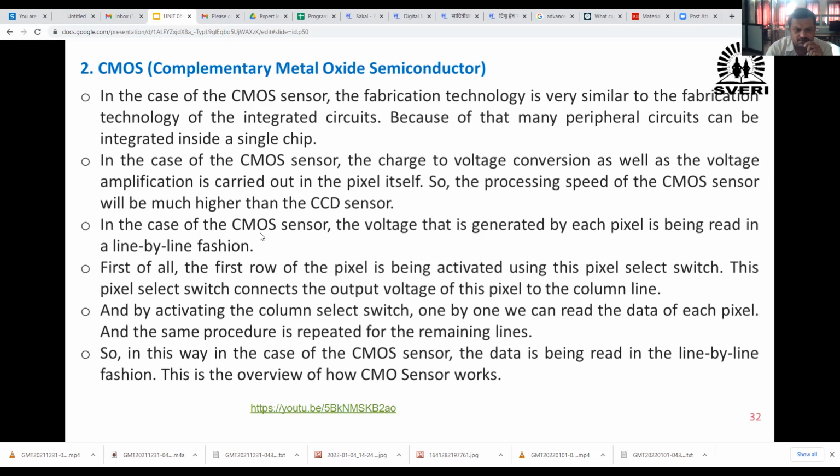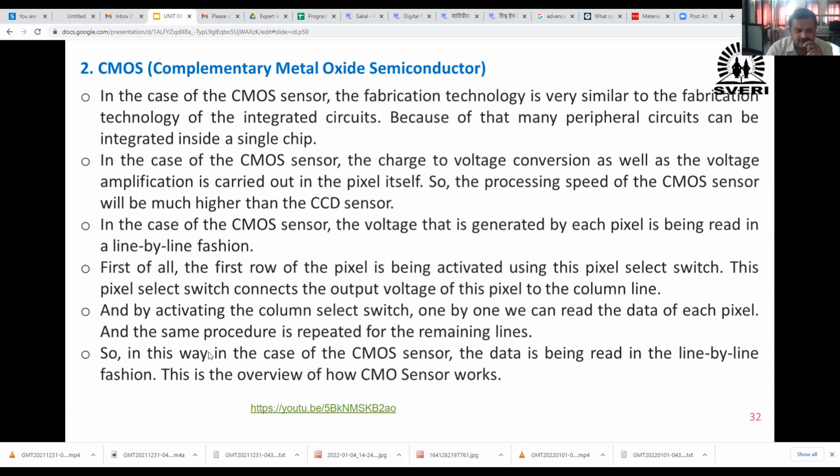In the case of the CMOS sensor, the voltage that is generated by each pixel is being read in a line by line fashion. First of all, the first row of the pixel is being activated using this pixel select switch. This pixel select switch connects the output voltage of this pixel to the column line, and by activating the column select switch one by one, we can read the data of each pixel, and the same procedure is repeated for the remaining lines.